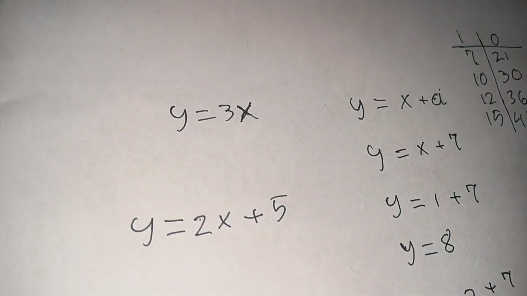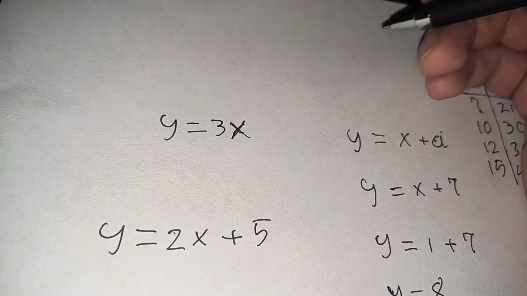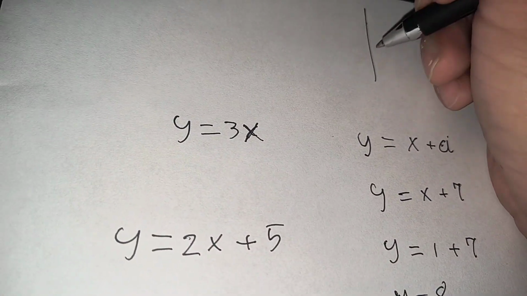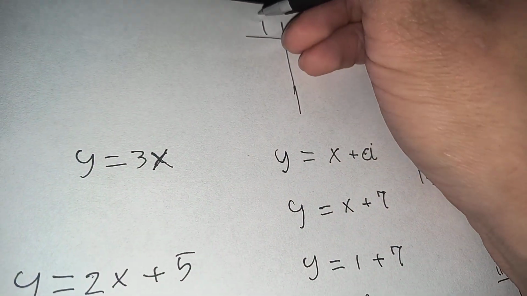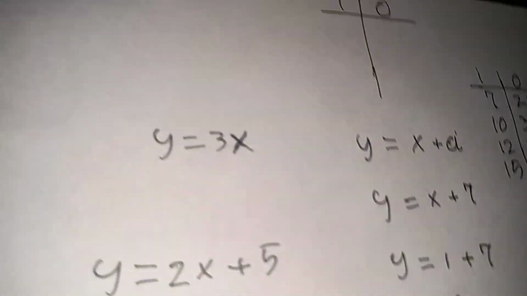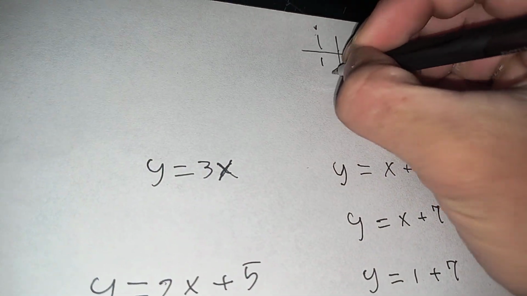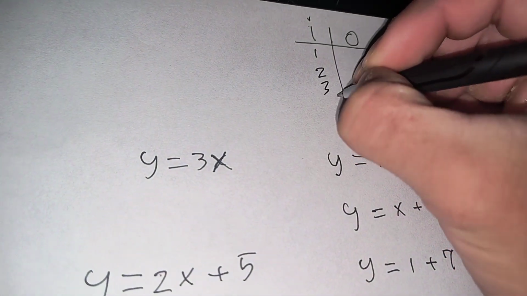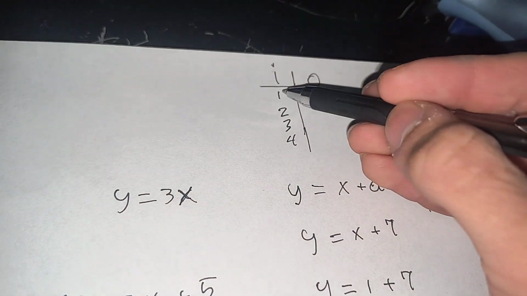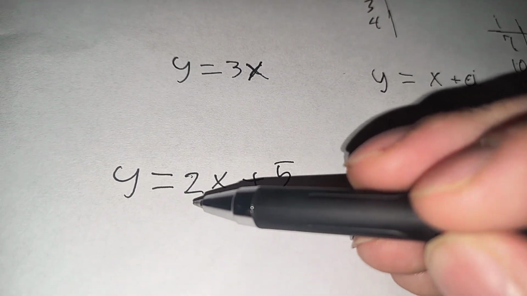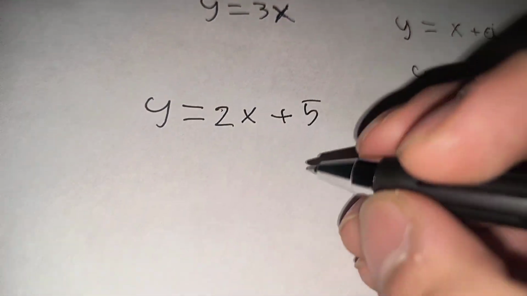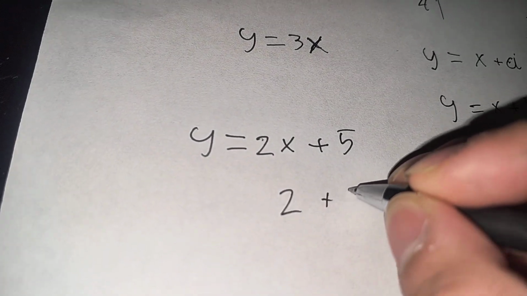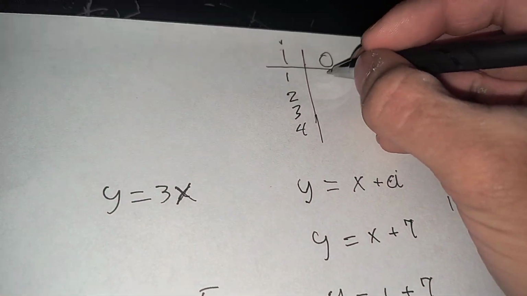So let's write down this input-output table. This is input, this is the output. Let's do it just for 1, 2, 3, and 4. With 1 as input, 1 as x, 2 times 1 is equal to 2, and then 2 plus 5 is equal to 7.